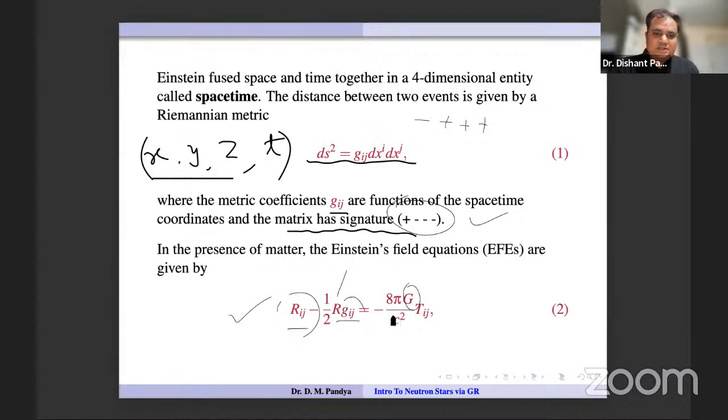G is the universal gravitational constant, c is the speed of light, and T_ij is the energy-momentum tensor. So these are the factors that will come into picture when we discuss Einstein's field equations. Later on we will see what the significance of these Einstein's field equations will be in our research.